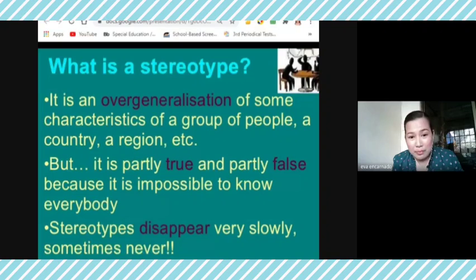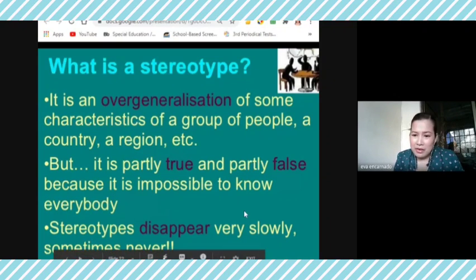Di ba yung some other Filipino, minsan nga, hindi naman sila marunong magbisita or mag-entertain ng bisita. So, sometimes it's a good thing, sometimes it's a bad thing. Okay, but it is partly true and partly false. Yung mga stereotype na yun, class, they are partly true and partly false because it is impossible to know everybody. Okay, tama naman, di ba?